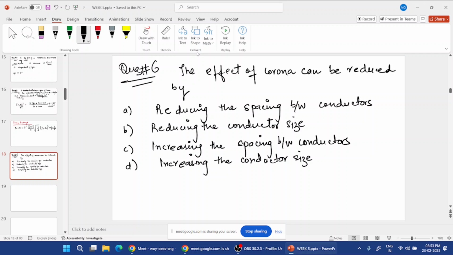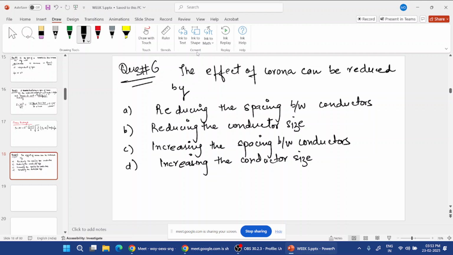Someone is saying D and C. D and C means increasing the conductor size and increasing the spacing between the conductors.